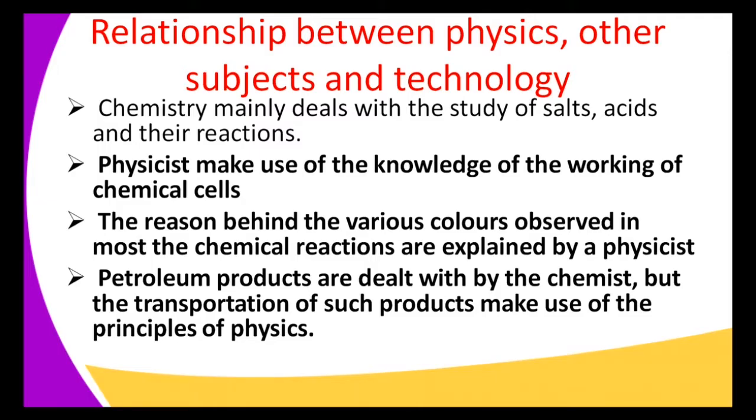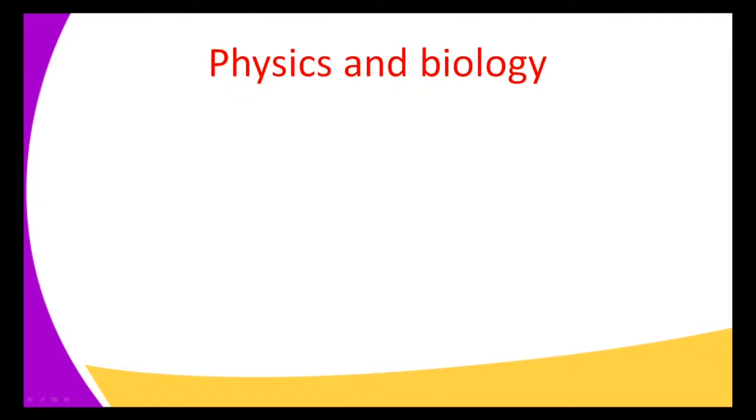Now, what of physics and biology? How is physics related to biology? If you have done biology and you want to observe a cell, cells are very small and we cannot observe them by our naked eye. We need to be aided.